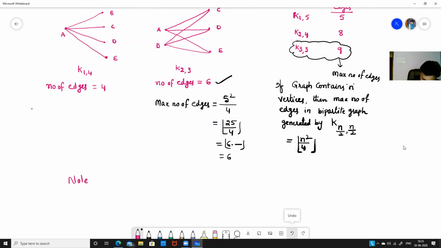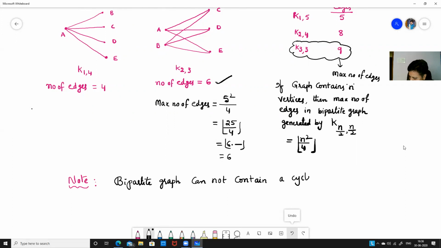Note. Bipartite graph cannot contain a cycle of odd length.